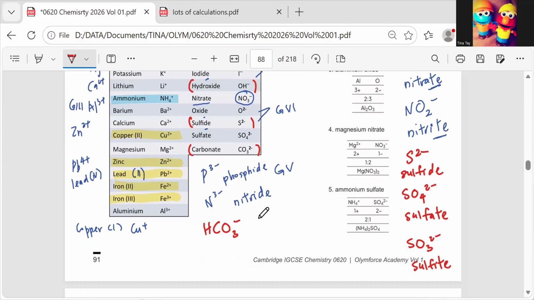This is called bicarbonate, or it has another name called hydrogen carbonate. Why so many names? I don't know. It's called bicarbonate or hydrogen carbonate.